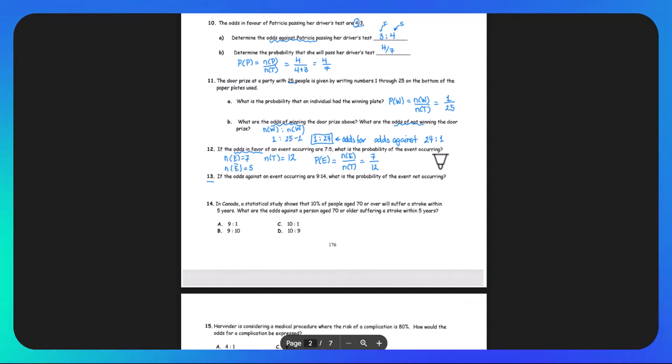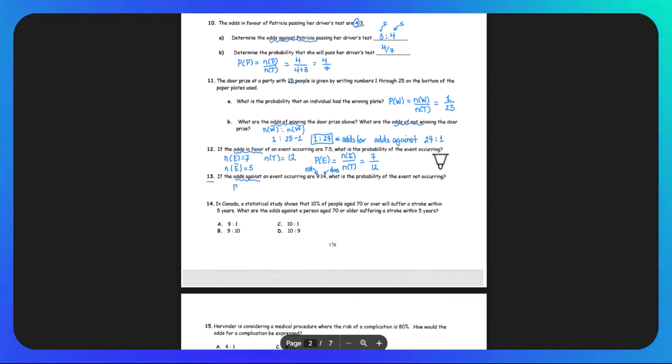Number 13. If the odds against an event occurring are 9 to 14, so this is the odds against an event occurring. So this is how many ways it doesn't occur, not, and this is the way it does occur. The question is asking, what is the probability of the event not occurring?